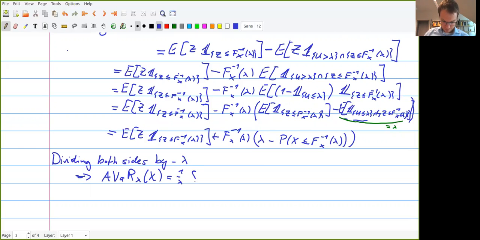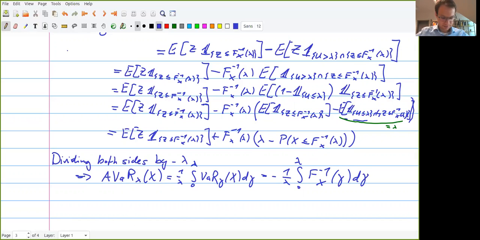Right, lambda. Gamma x. And so that's right. Okay, and this is the right hand side, as I promised, just the average value at risk.